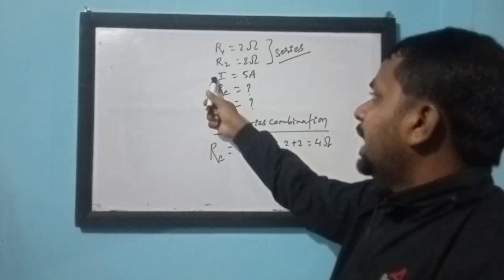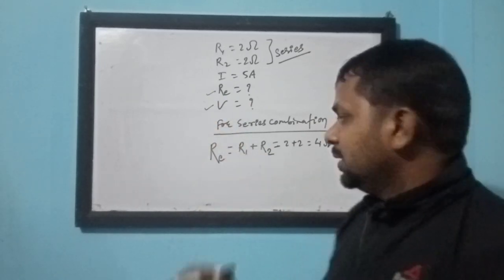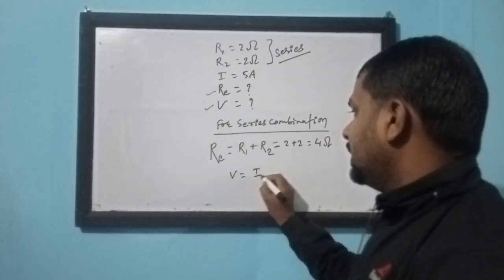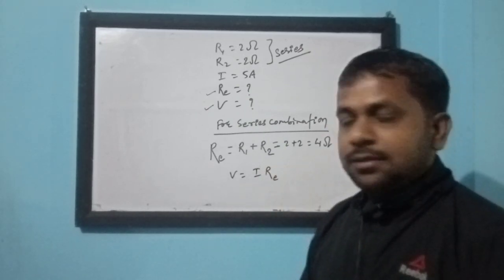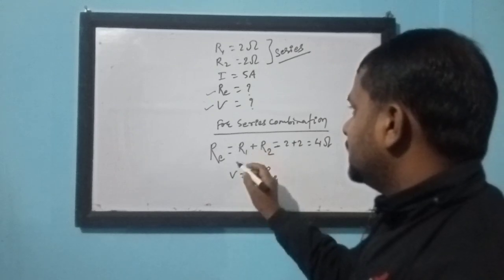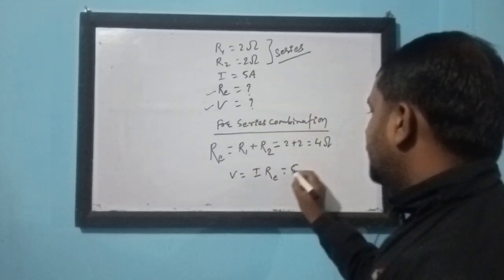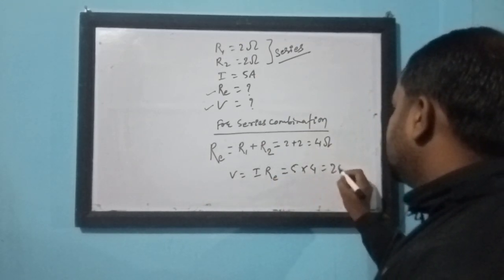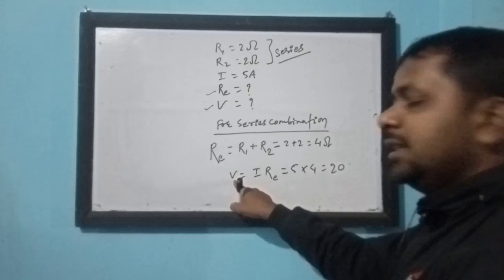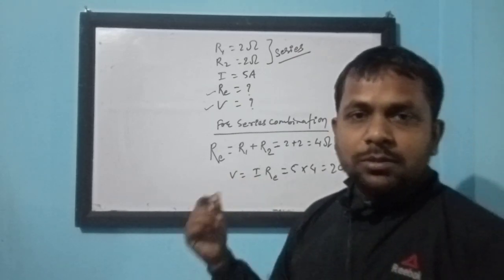The value of I is given, 5 ampere, and we have to find the value of V. Then V is equal to IR, and this R means equivalent resistance. 5 into 4 is 20. It is the potential difference. The unit of potential difference is V. In this way we can do this.